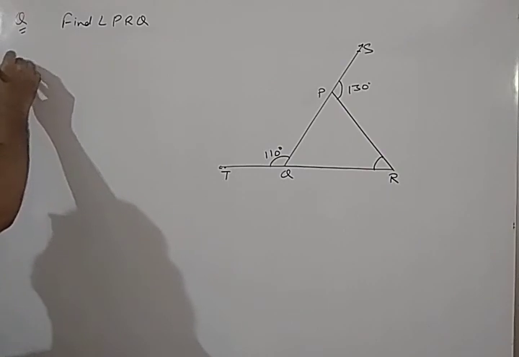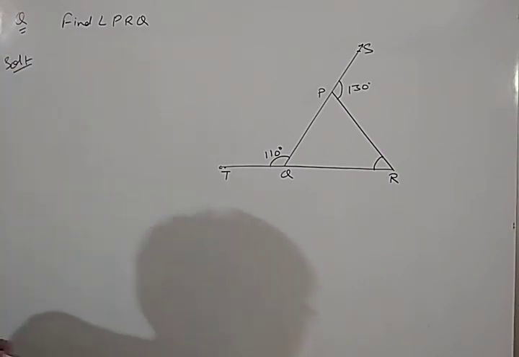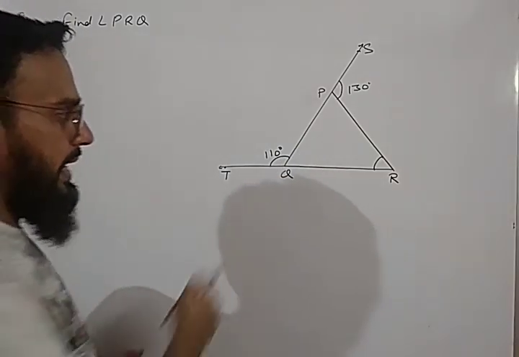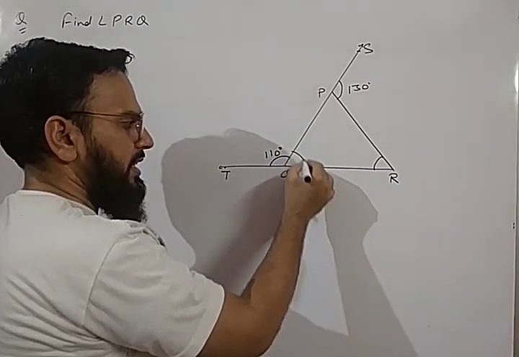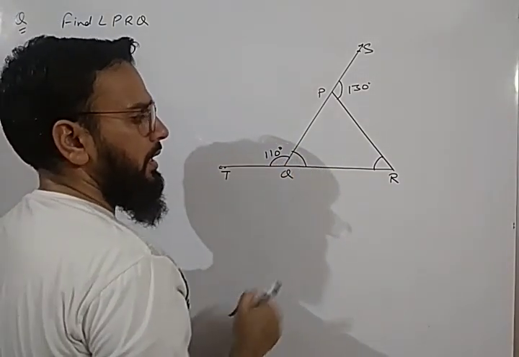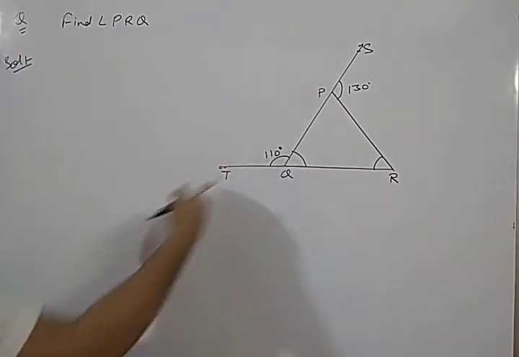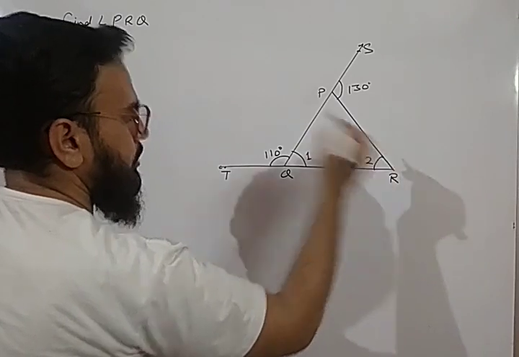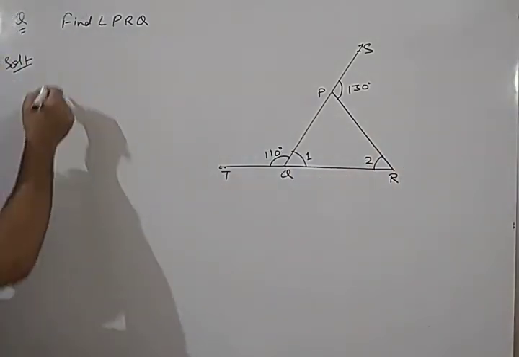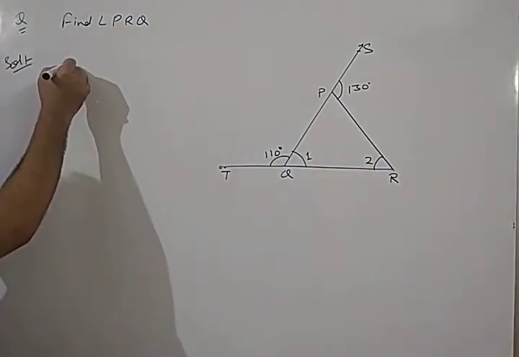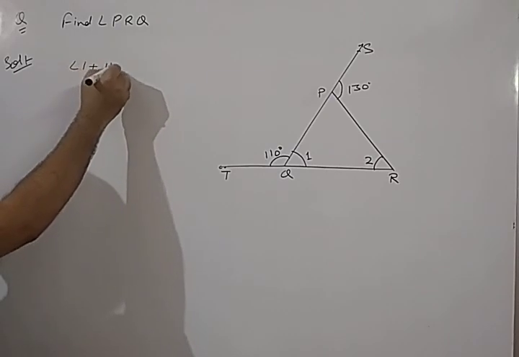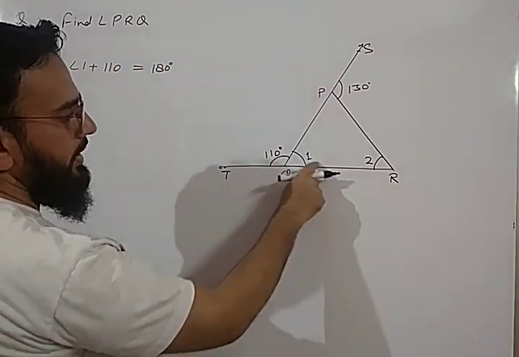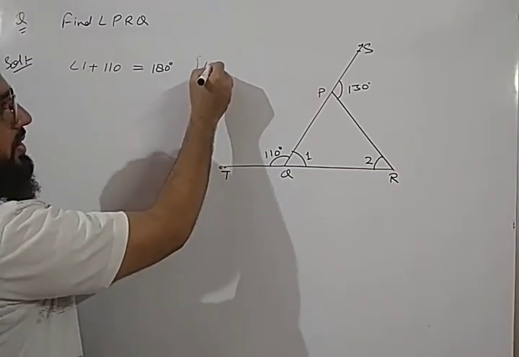So how will you find it? We can find it very simply. This angle is 110, so you can find out this angle. First find out this angle. Let us consider it as angle 1 and angle 2. First we will write angle 1 plus 110 is equal to 180 degrees, because these two angles are a linear pair, so their sum will be 180.